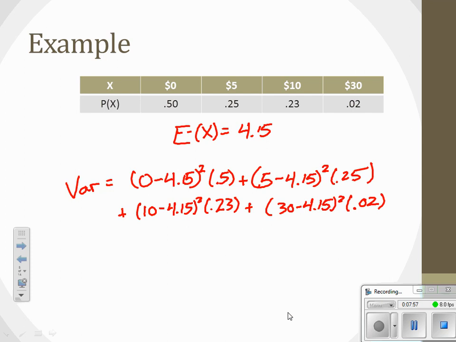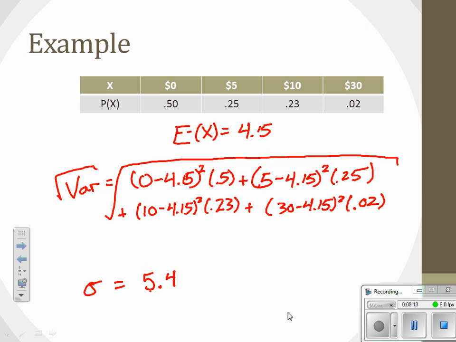Now, what we want is the standard deviation, and so it's a quick process. If this is the variance with all those numbers, if I simply take the square root of that entire value, then I get the standard deviation, I believe, $5.48. So in other words, the typical amount of winnings is about $5.50 away from the mean, right?